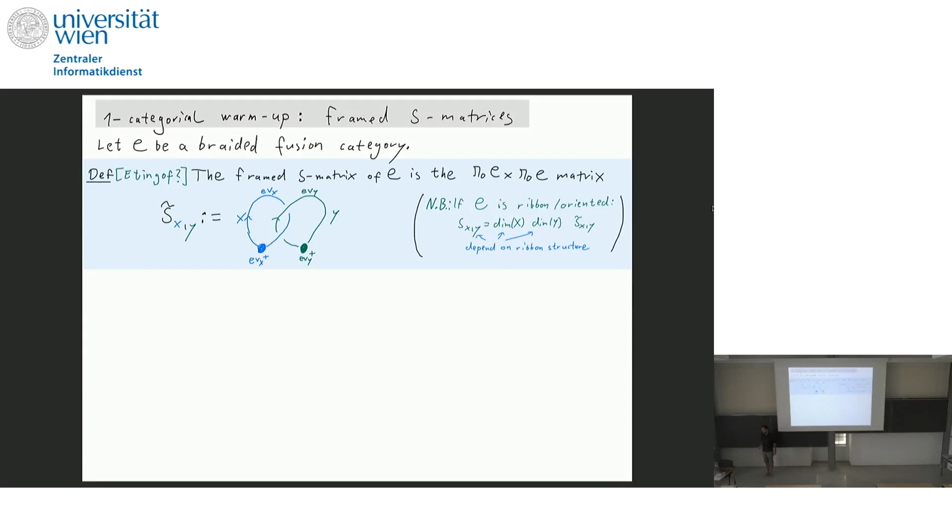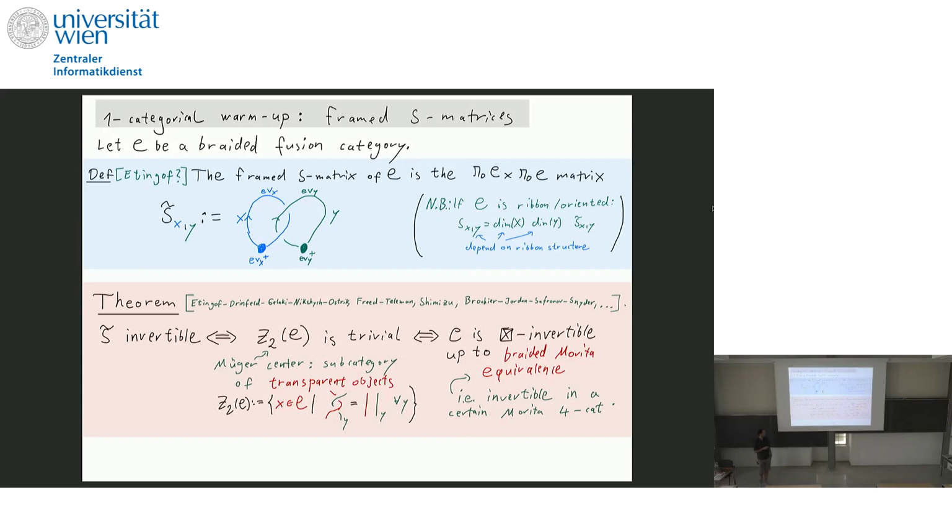Okay. And then there is a big theorem that's due to many people, with different versions and variants. I don't know whether you can find this statement anywhere in the literature, but you can certainly piece it together from statements in the literature, which is that this S-matrix is invertible as a matrix if and only if, right, this S-matrix goes from the set of simples up to isomorphism times the set of simples up to isomorphism, it pairs simples up to isomorphism.